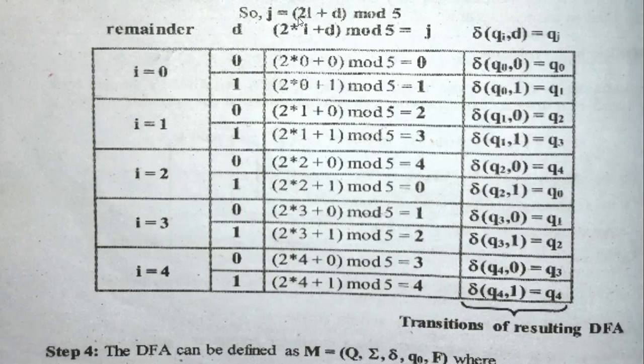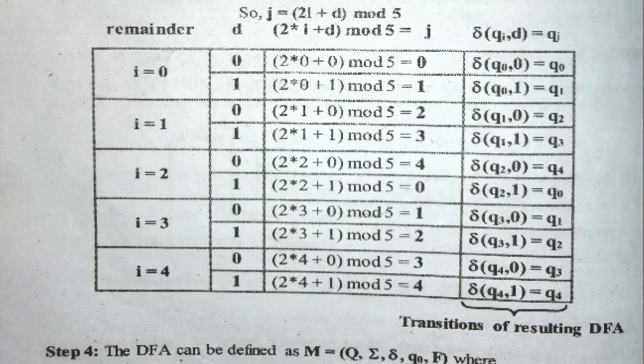So j will be equal to 2 into i. This will vary; the i value will obviously vary according to the condition, because we have 0 to 4. Then what about the d value? The d value also changes, because sometimes d will be 0 and sometimes d will be 1, since d is 0, 1.